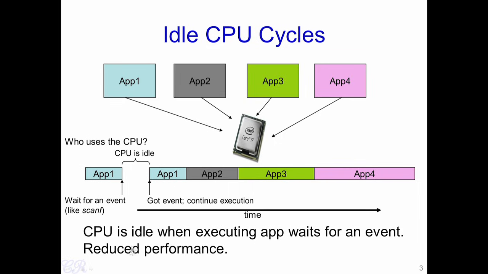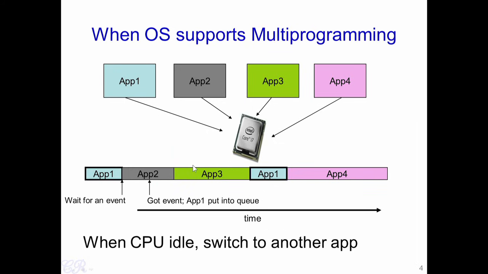This causes reduced performance with respect to the utilization of the CPU. So, a better way to do this is something known as multiprogramming.